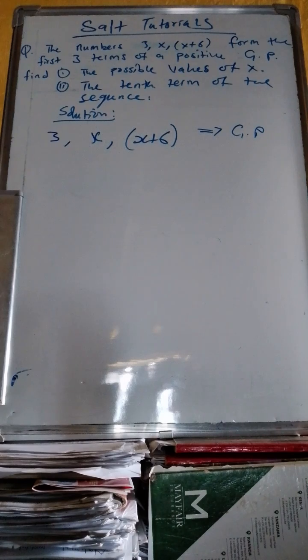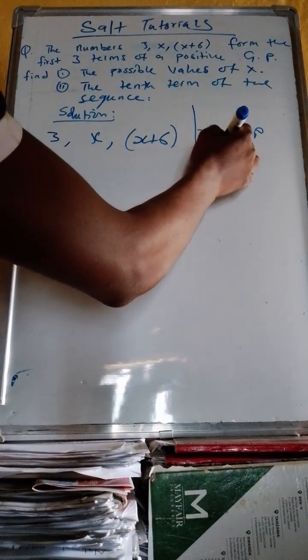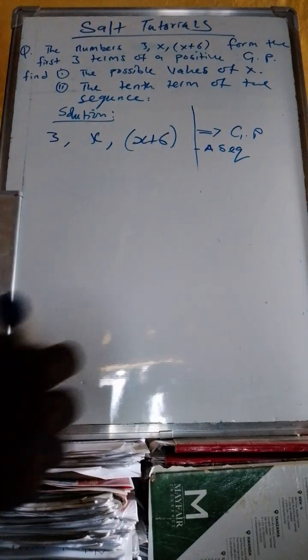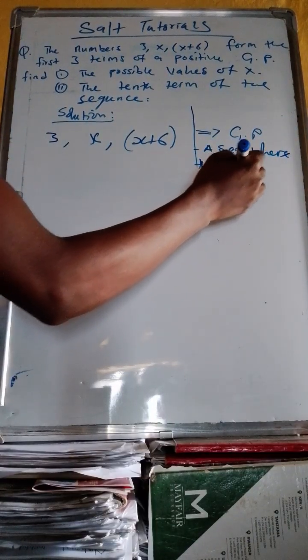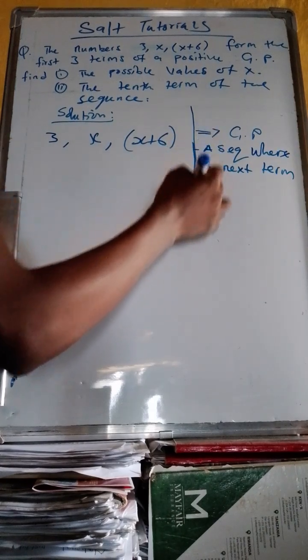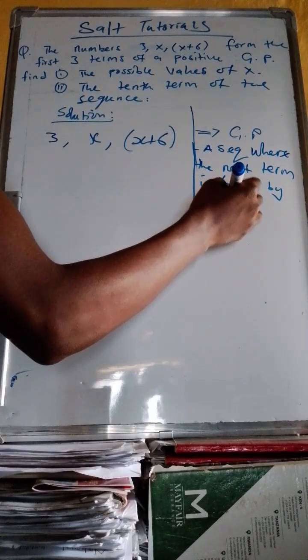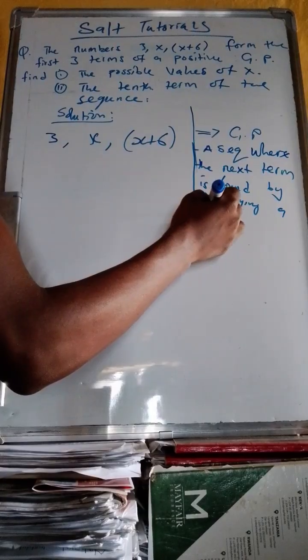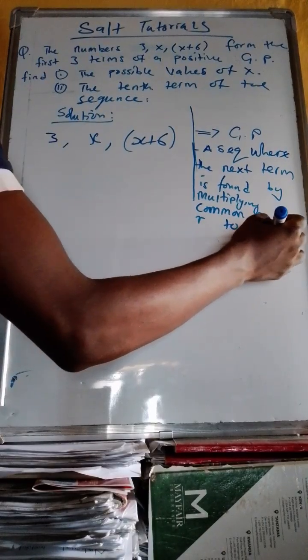A geometric sequence is basically a sequence where the next term is found by multiplying a common ratio r to the previous term.